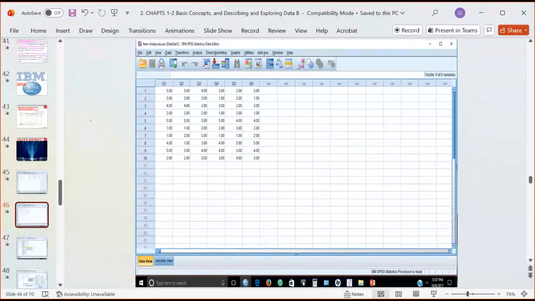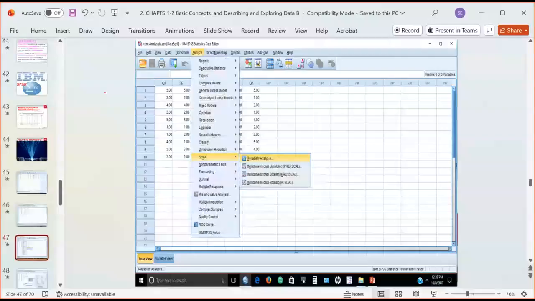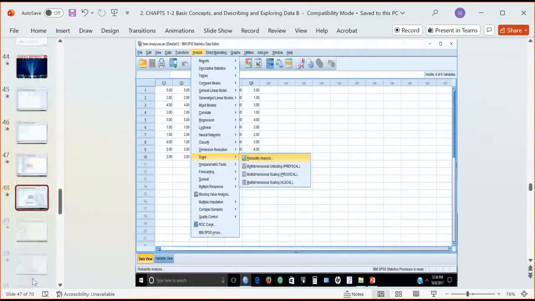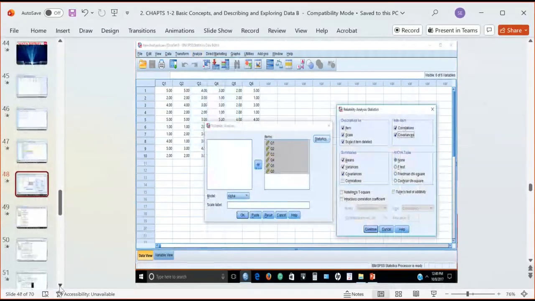So let's do it. You click on Analyze, always on top. Click on Scale. Click on Reliability. This way we can also calculate the reliability of this test, the test with 5 essay items. You go to Analyze, Scale, click on Reliability, and SPSS always gives you more options.